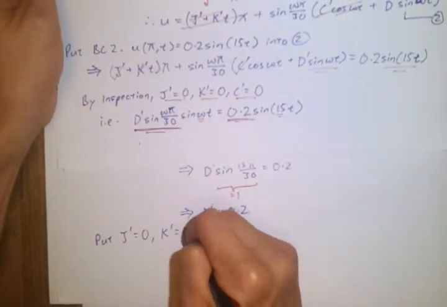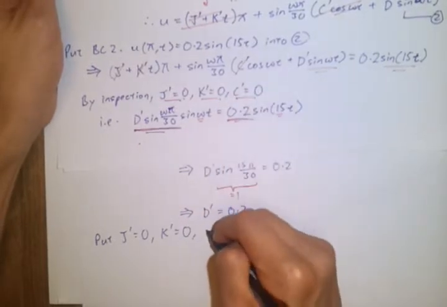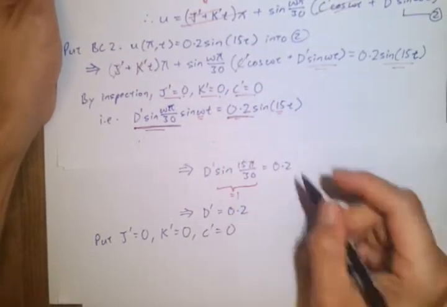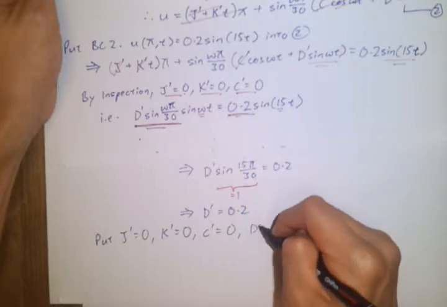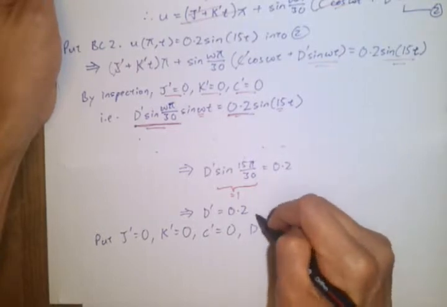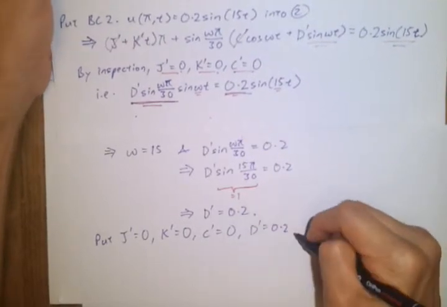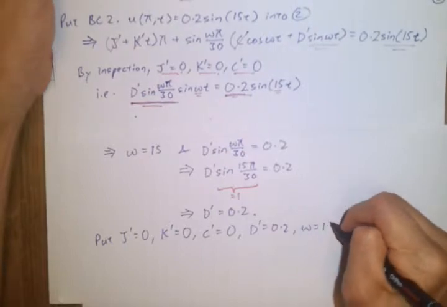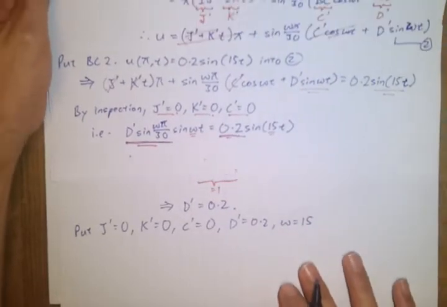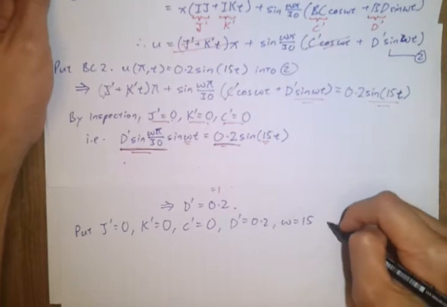So now you know d prime, and you also know k prime is 0, c prime is 0, d prime is 0.2, and omega is 15. I'll put that into my solution, equation 2.